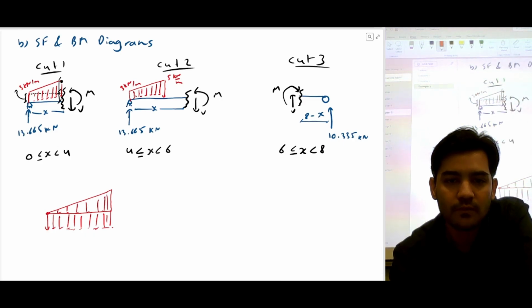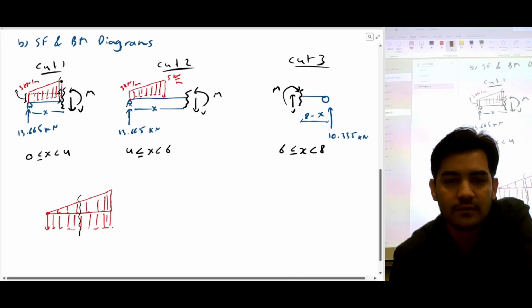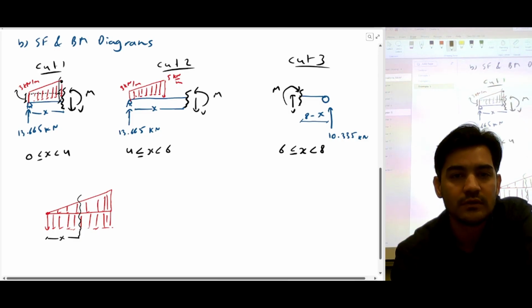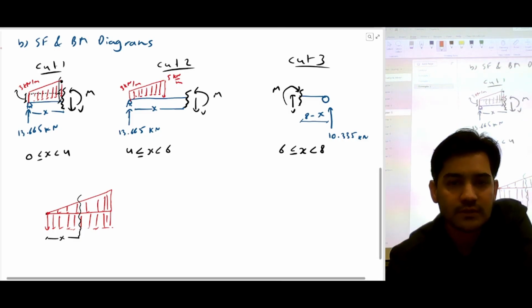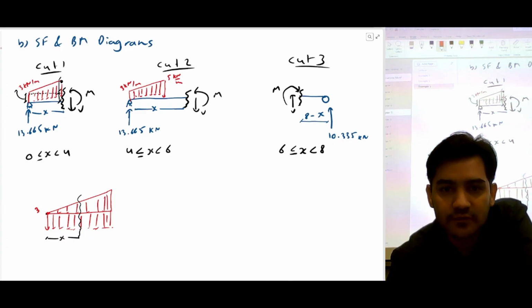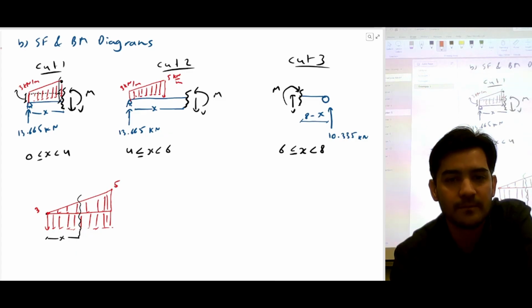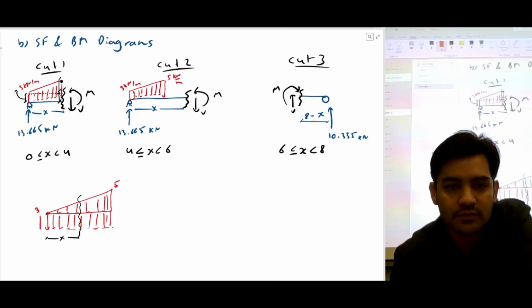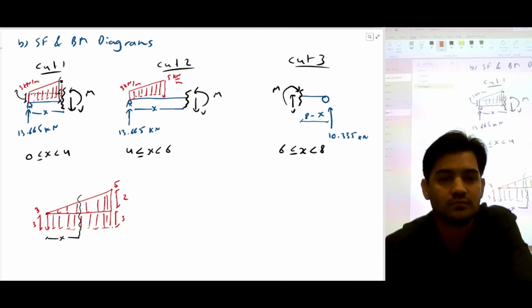This point we know, and we made a cut somewhere here, right? So this we know is x. This point we know is 3. I'm not writing units for now. This distance we know is 5 total, right? This distance we know is 3. This distance we know is 3. This distance we know is 2.